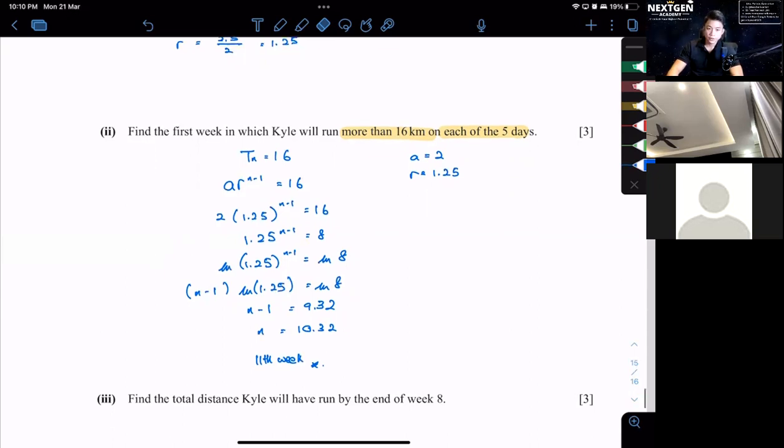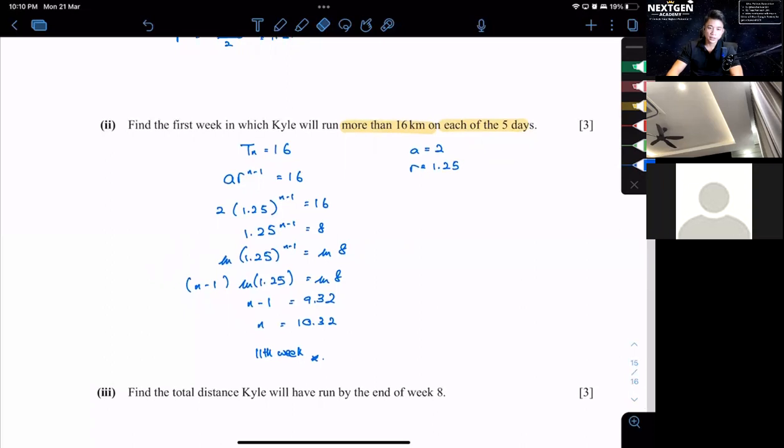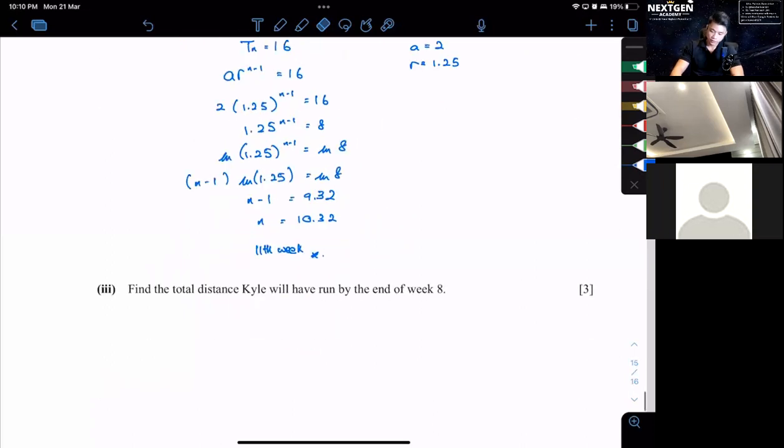Okay, number 3. Find the total distance Carl will have run by the end of week 8. Again, this one is total distance. So you have to be careful, because whatever we are counting, the sum or the term, is only per day. Okay, only per day.